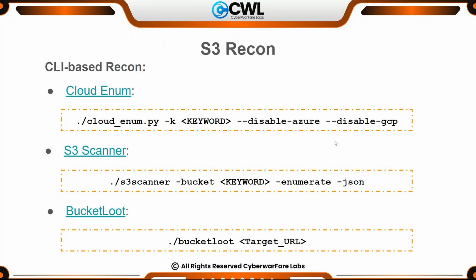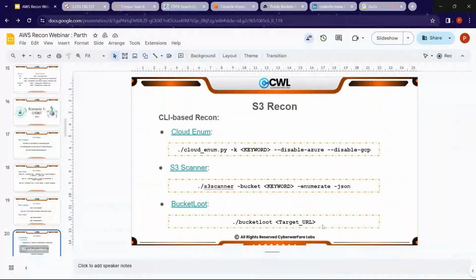Let's try this command. To save time, I have already run this command. Here you can see I have run the command and I have entered the keyword as security.